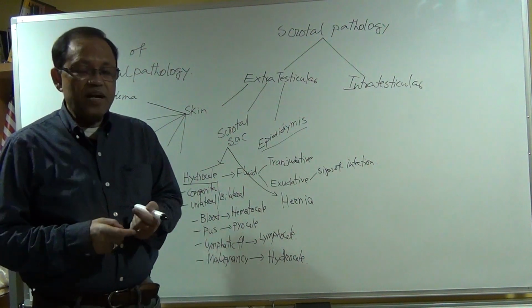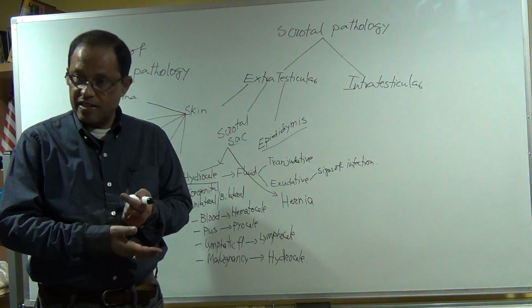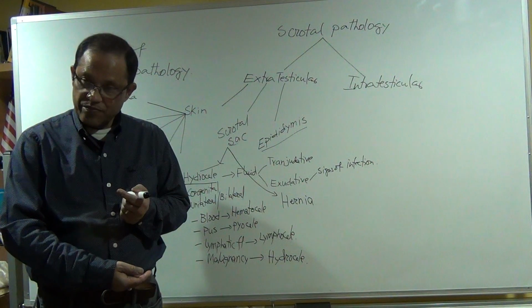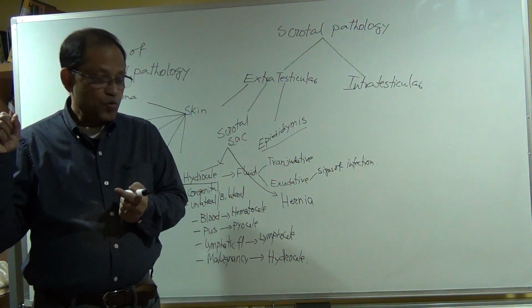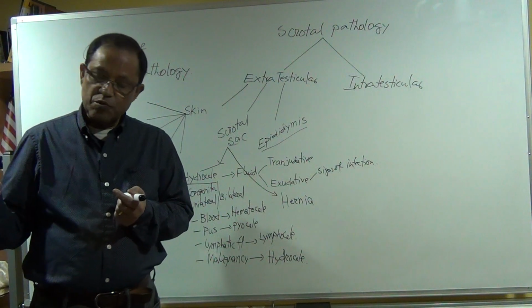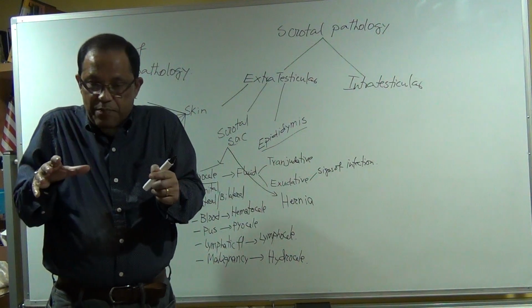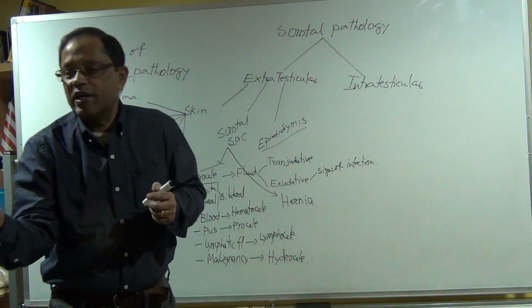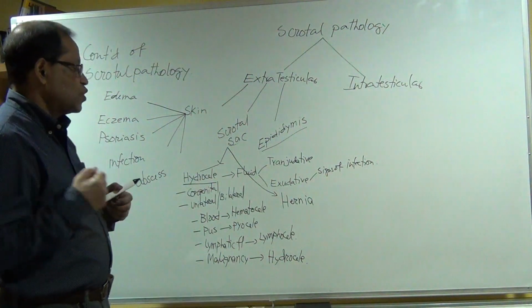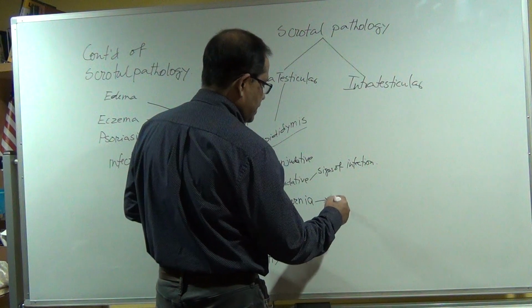And that inguinal hernia could be unilateral, could be bilateral, could be incomplete, could be complete, and could be indirect hernia, could be direct hernia. So many things can happen, but the result is swelling of the scrotum.